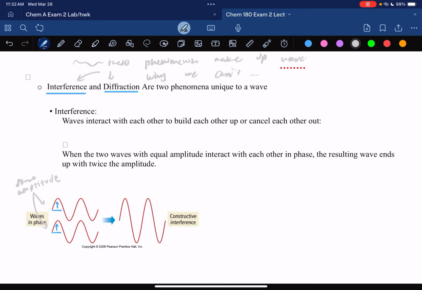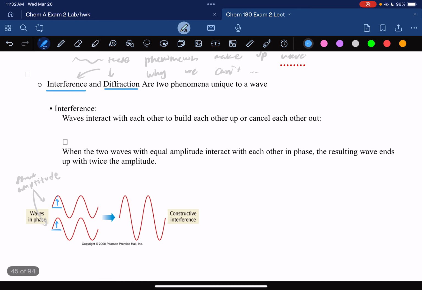Now, if they come in phase, meaning they come in step, meaning that the corresponding positions line up. For example, here I have a peak in this position. This is right at this position also. So they line up, which means they are going in phase, okay? So then what happened?